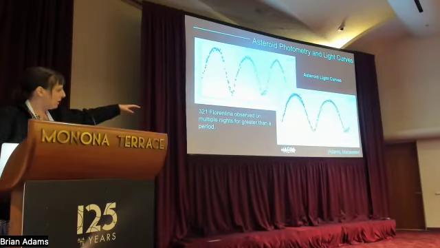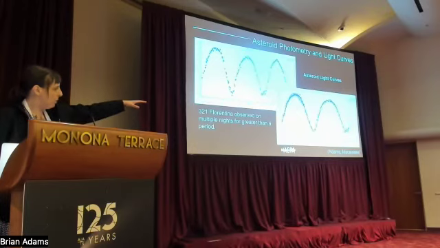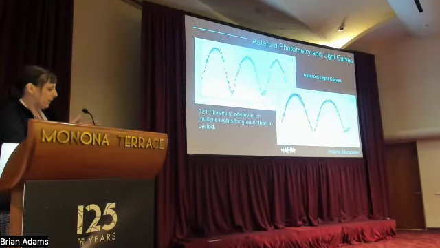What I have on the bottom there is a fit over one period, where you get the bright spot coming into view, then the dimmer spot, then the bright spot back into view and the dimmer spot again, and that's one full period. What's really cool about doing asteroid rotation curves is that if you observe them over long periods of time, you can actually do modeling of the three-dimensional shape of the asteroid.